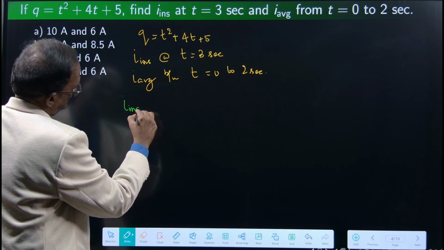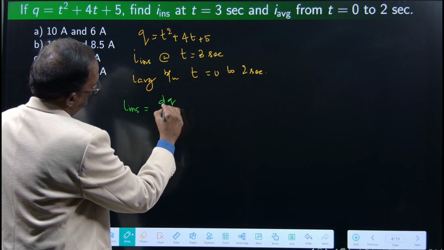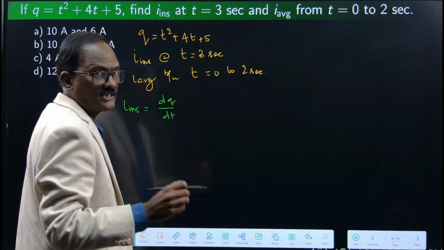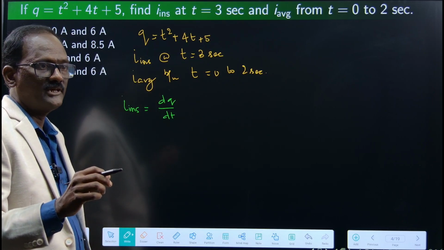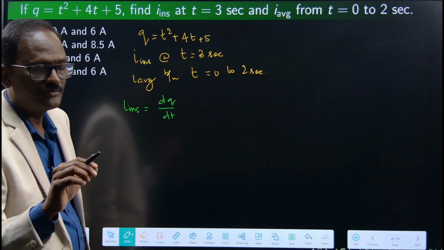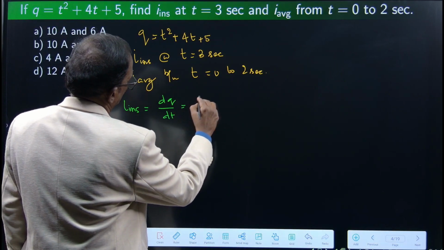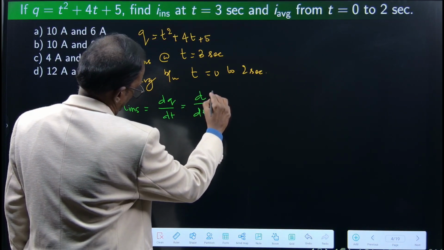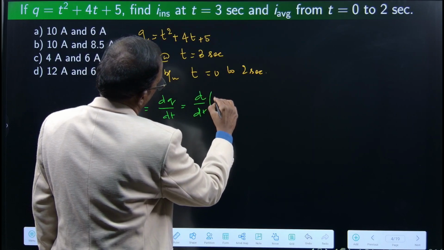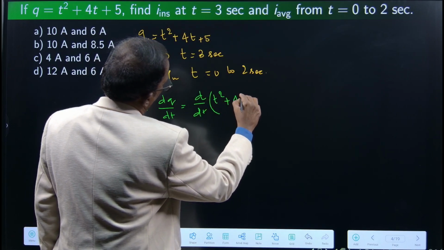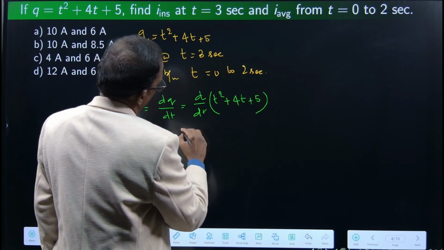I instantaneous is equal to dq by dt. Instantaneous value is delta q by delta t, with delta t approaching 0. We can write dq by dt, that is d by dt of the q value t square plus 4t plus 5.